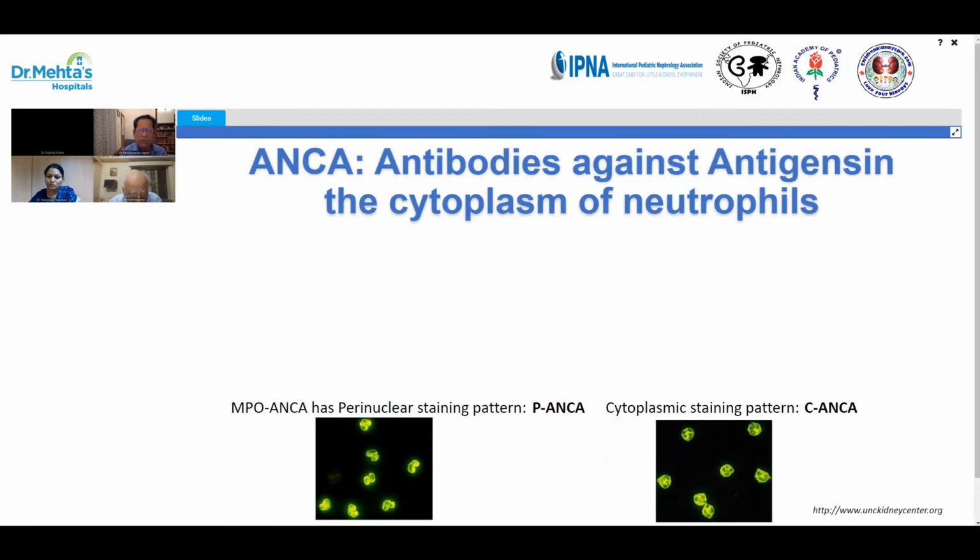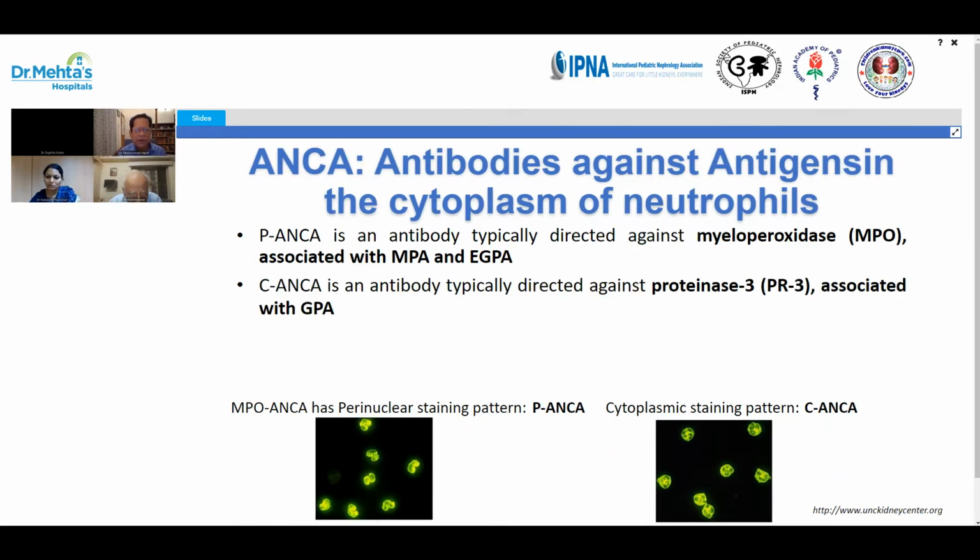Now, pauci-immune vasculitis. ANCA is an antibody against antigens in the cytoplasm of neutrophils. P-ANCA is the antibody typically directed against myeloperoxidase, and C-ANCA is typically directed against proteinase 3.